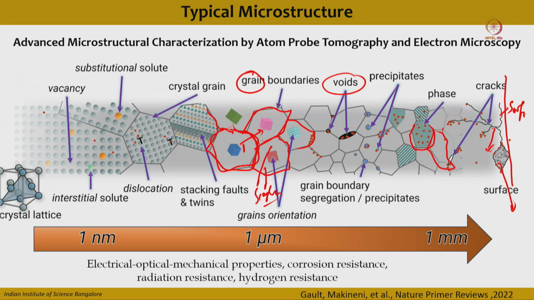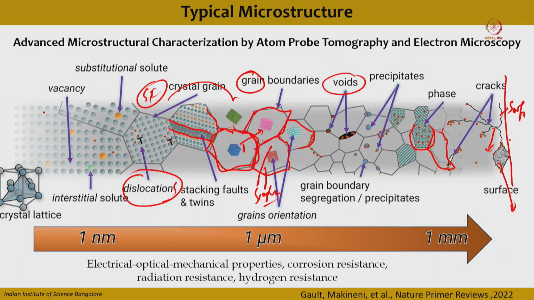So this is typically a grain structure which we see in a typical microstructure. If you go into a little more detail at higher magnification inside these grains, you can see that there might be twins, stacking faults, and dislocations, correct, and ultimately these are the features which directly control the overall property of any material.